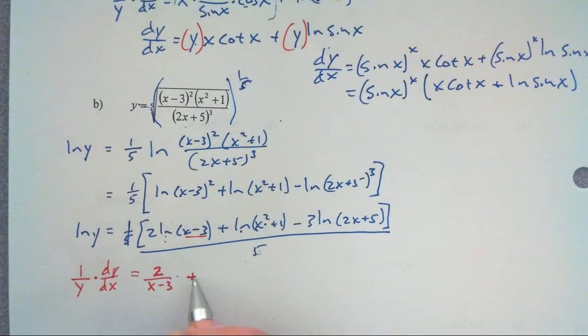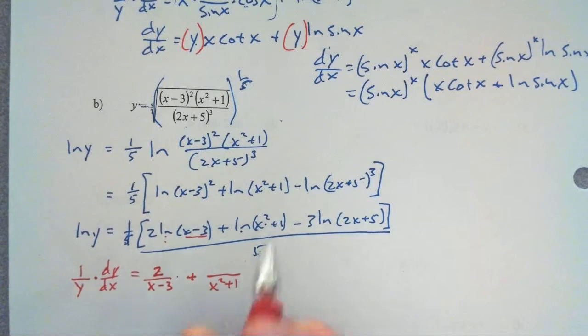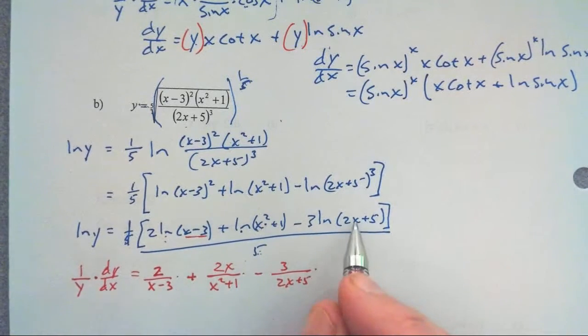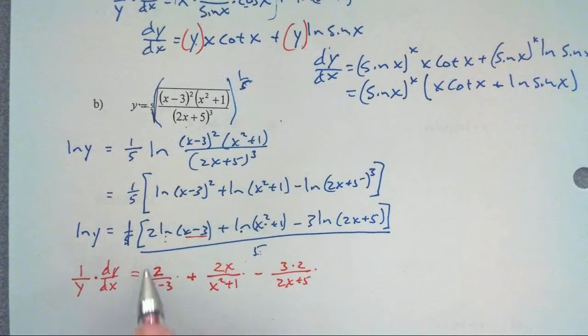Plus, derivative of ln (x squared plus 1) wants to be 1 on (x squared plus 1) times the inside derivative, but the inside derivative is 2x. Wow, that's pretty good. Minus 3, ln of (2x plus 5) wants to be 1 on (2x plus 5), but times the inside derivative. The inside derivative is 2 times 2. And all of that is just being divided by 5.